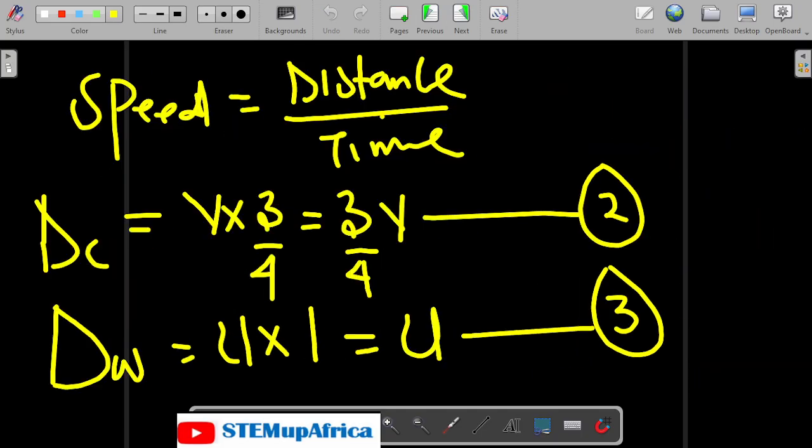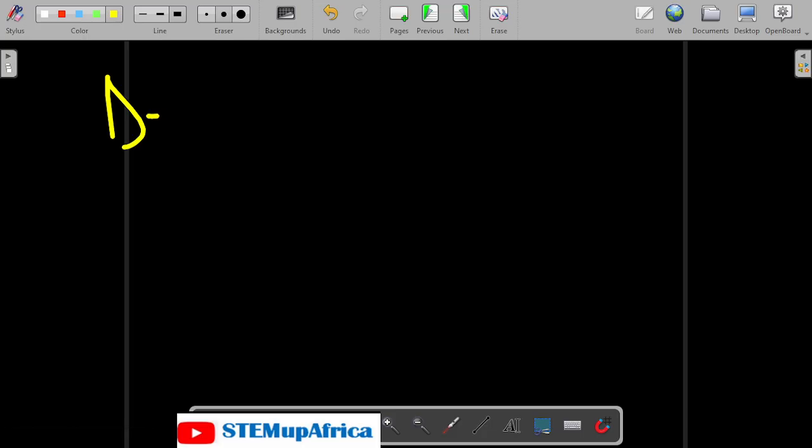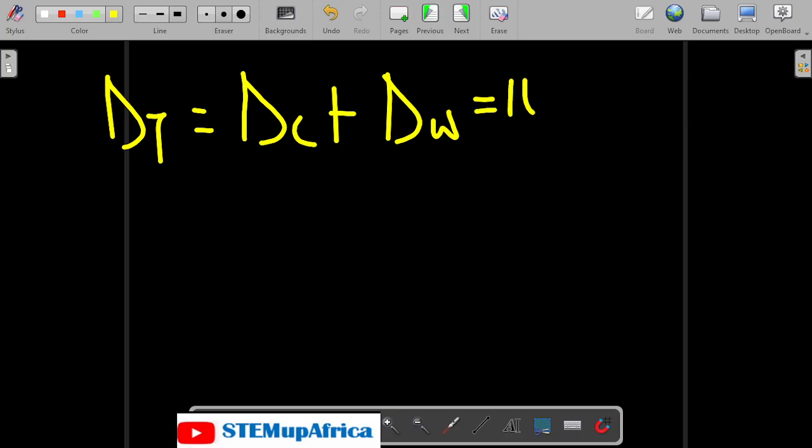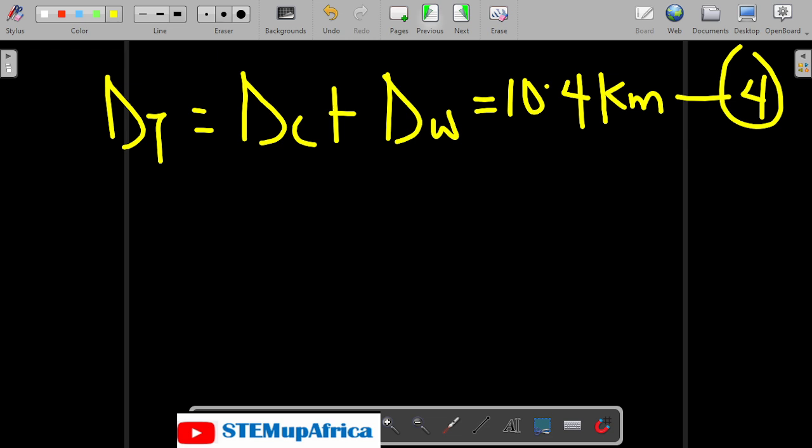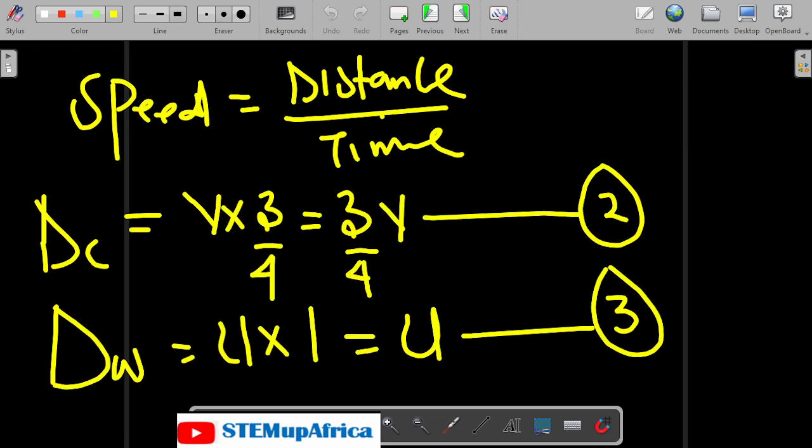So with that, we can now calculate the total distance. Total distance, D total, is equals to distance for cycling plus distance for walking, and the value is 10.4 kilometers. Let's call this equation 4. So what is our cycling distance? The value is 3 over 4V.